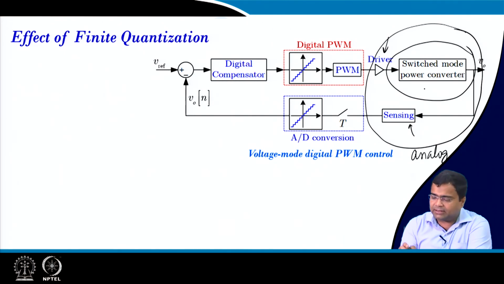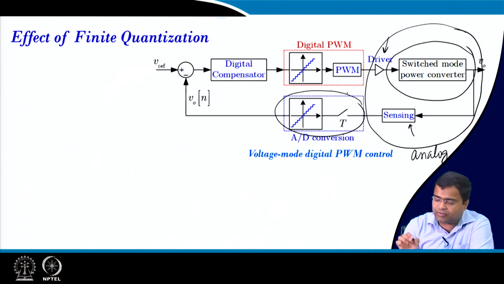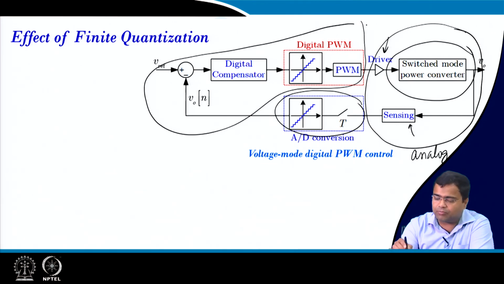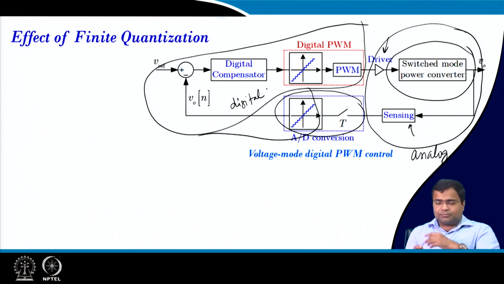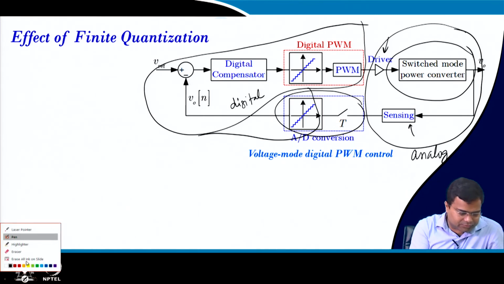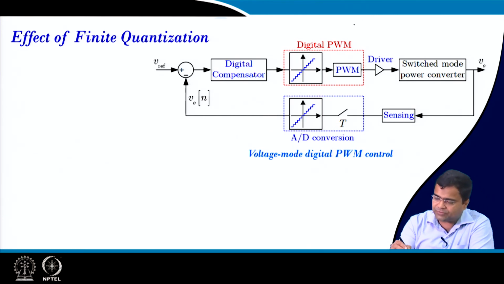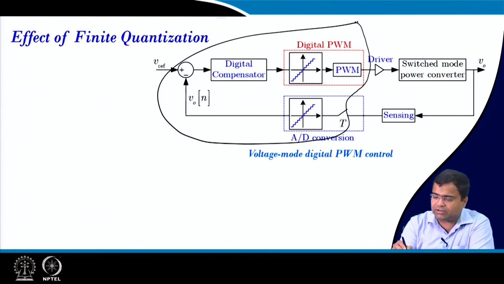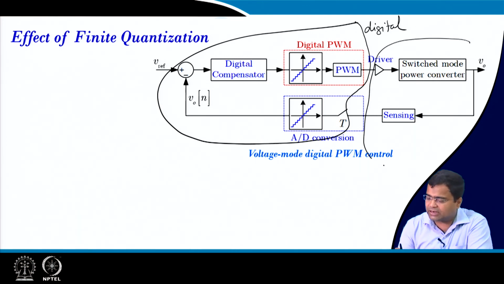Then this is our A to D converter, where it will be a sampling followed by quantization, and these blocks are basically digital, the whole blocks in fact will start from here. So, this is the digital block, from here to here, and these blocks are analog.